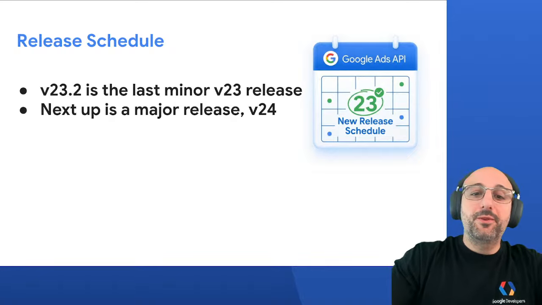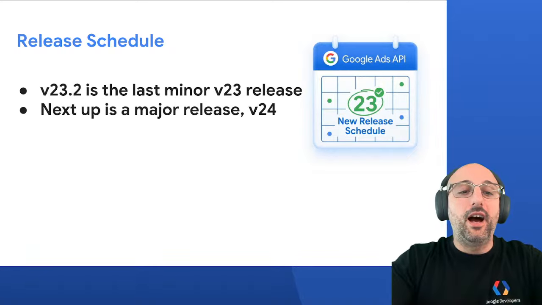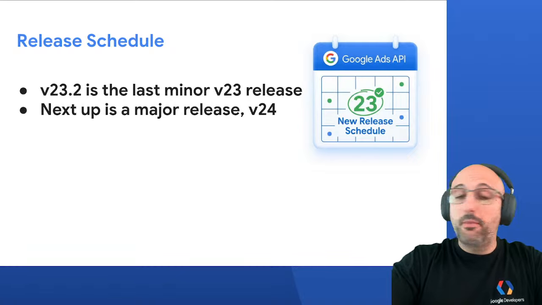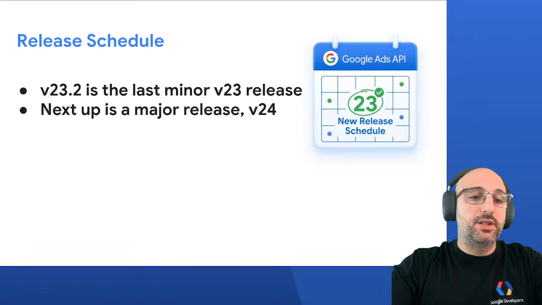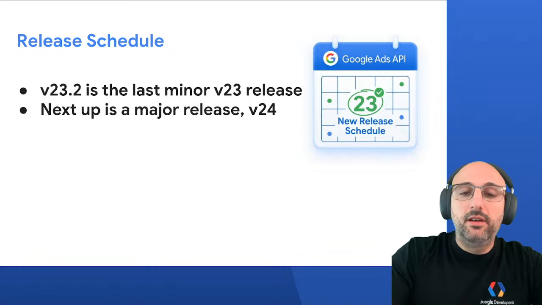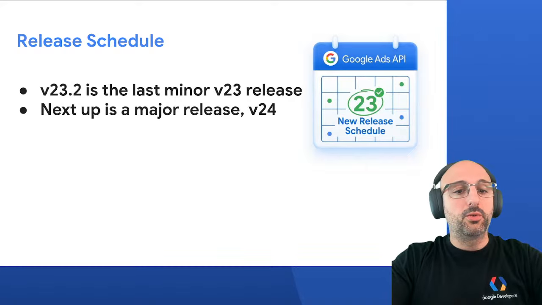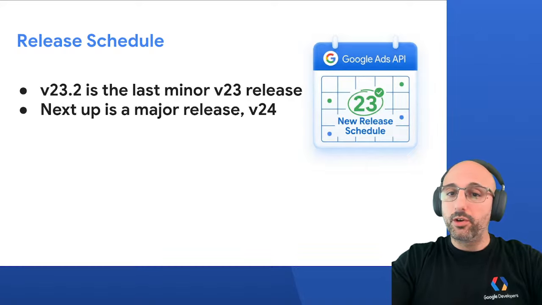So, as I was saying, which some of you heard and some of you didn't, this is a monthly event because we switched to a monthly release cadence for the Google Ads API. This means that we are doing a release a month instead of one a quarter.